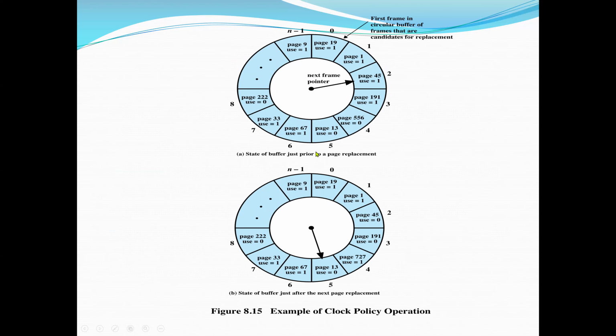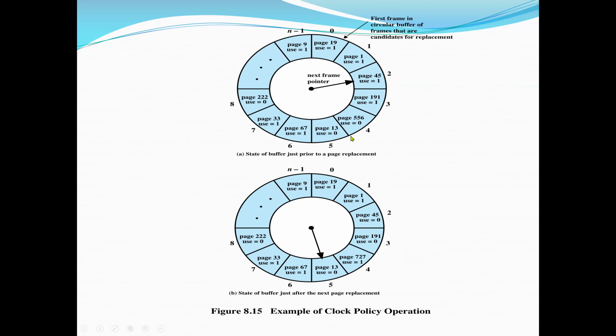The figure here again provides an example of the simple clock policy mechanism. We can see a circular buffer with n main memory frames available for page replacement. Just prior to the replacement of a page from the buffer with the incoming page 727, the next frame pointer points to frame 2.